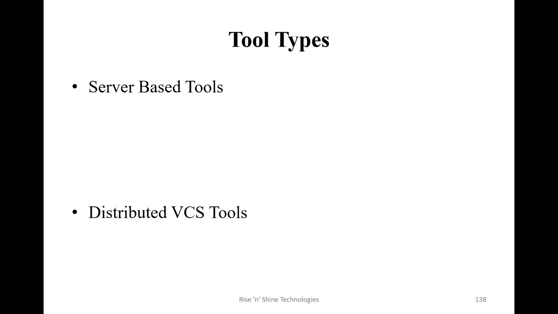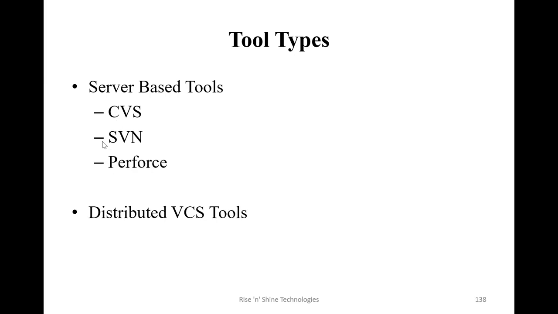But what is the difference between server based and distributed? And out of these two, which one is recommended? Which tools come under server based and which come under distributed? To conclude, CVS, SVN and Perforce come under server based version controlling tools.